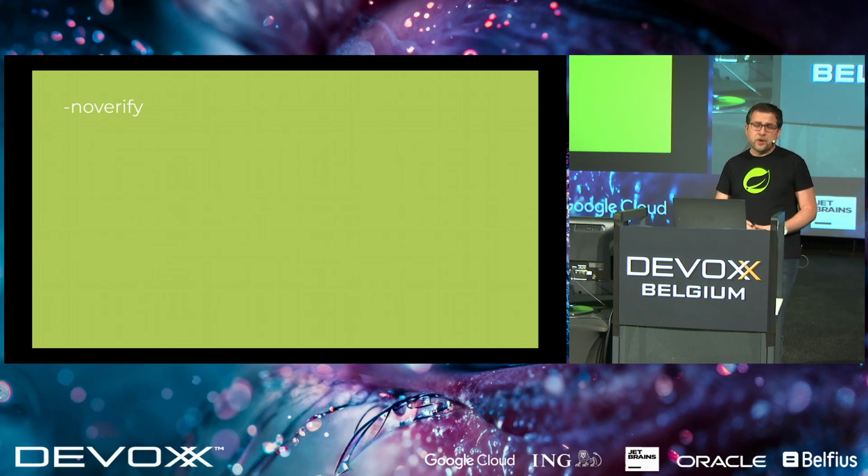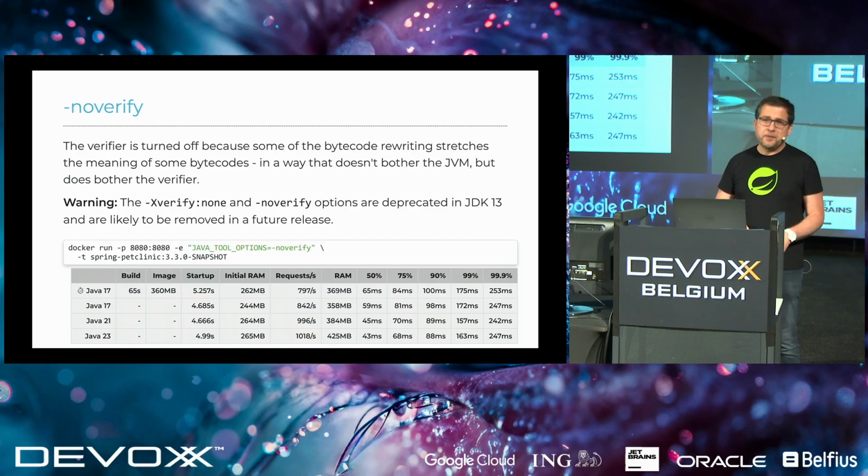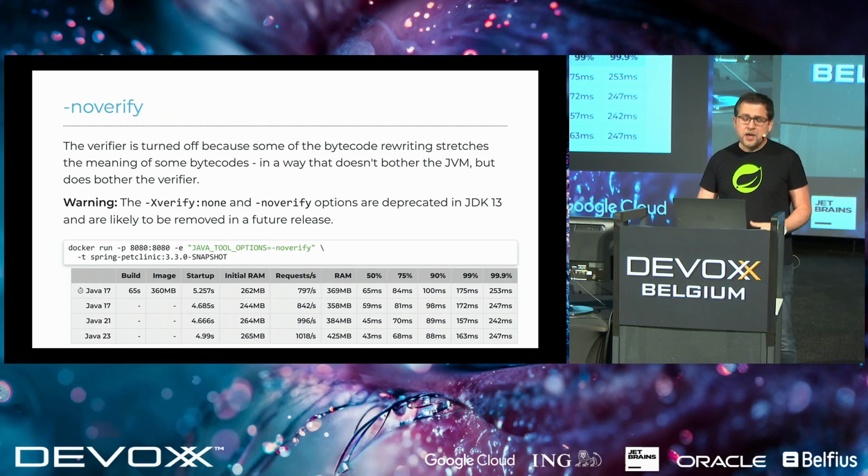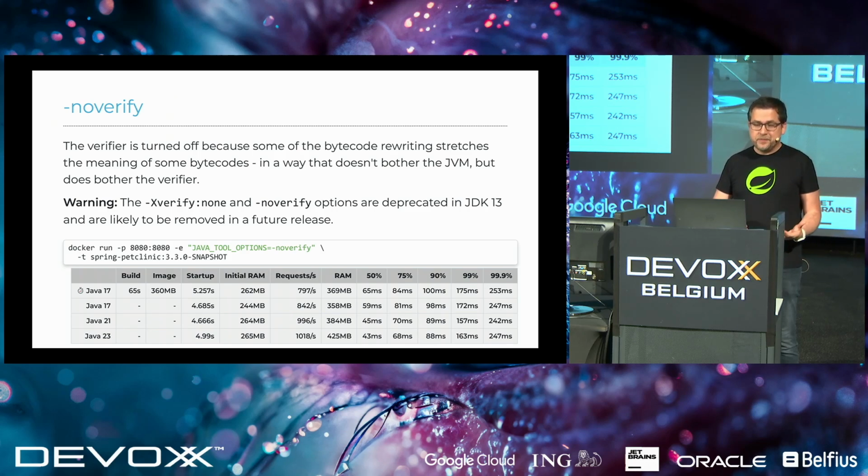just to achieve a goal. So probably the worst thing you can do is using no-verify, because I would never use it in production. But that means when you're loading classes, the verification of the class is not done. So that means startup times improve. Everything else should still be the same, right? So it's just starting faster.